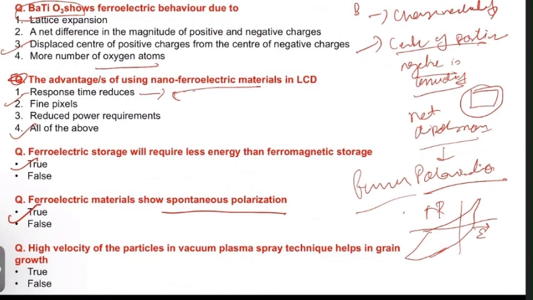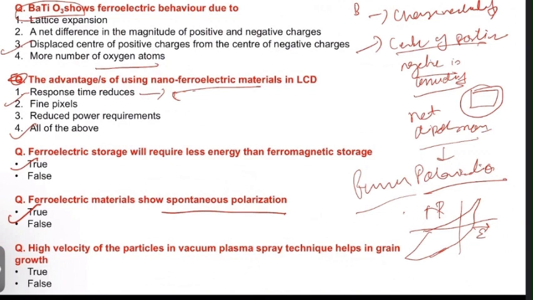High velocity of the particle in vacuum plasma spray technique helps in grain growth. True or false? Is there any effect of the velocity of the particles on the grain size of the nanoparticles? Do you think so?